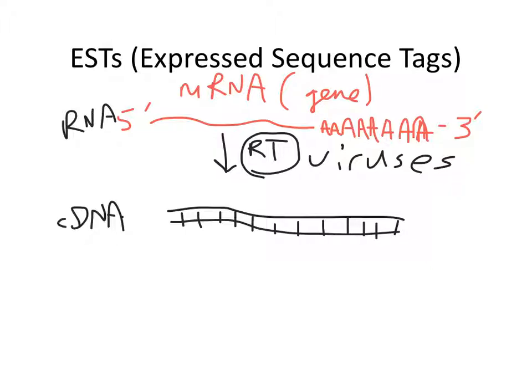This is called cDNA for complementary DNA, but for all intents and purposes, it's a DNA molecule that was encoded by an RNA molecule. And this cDNA can be referred to as an expressed sequence tag. It's just another word.